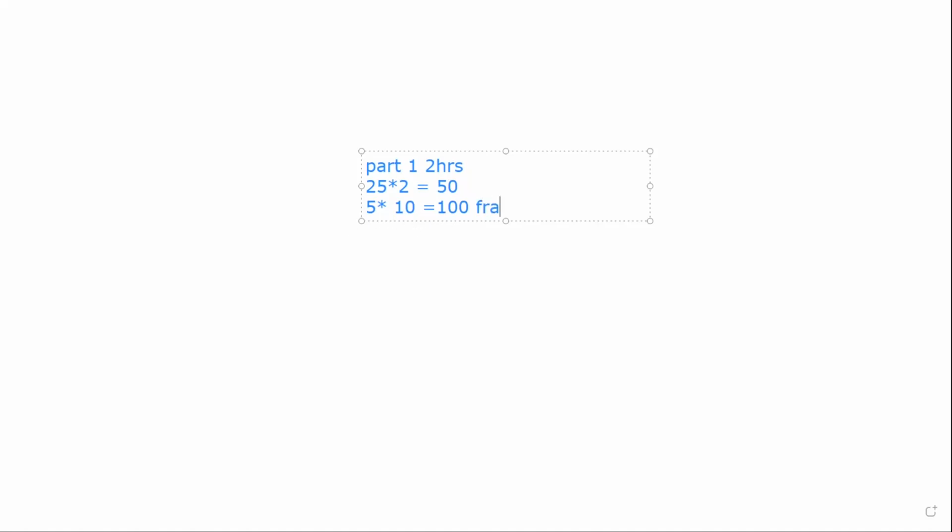Usually you are going to have fractions, and then area plus perimeter is going to be another question, and then you are going to get a question from ratio, another question from probability, another question from equations.